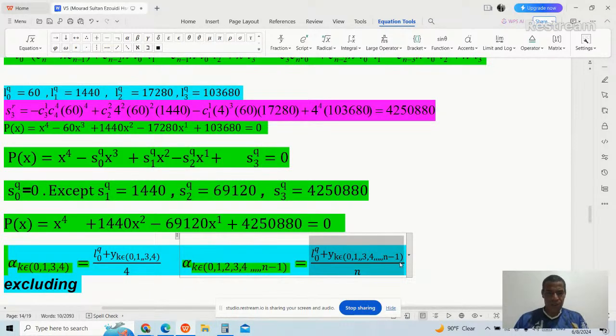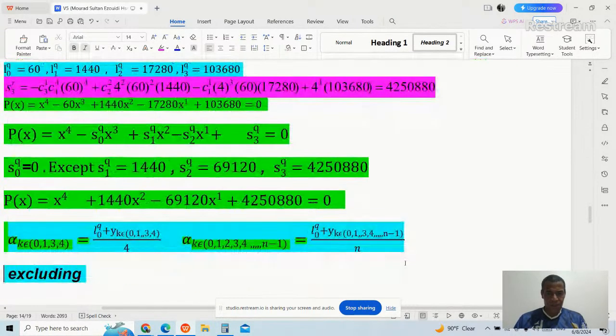You have to exclude a root simply because you are going to extend the power.